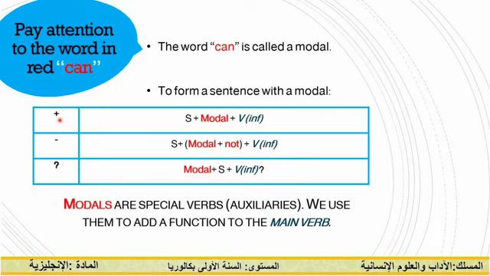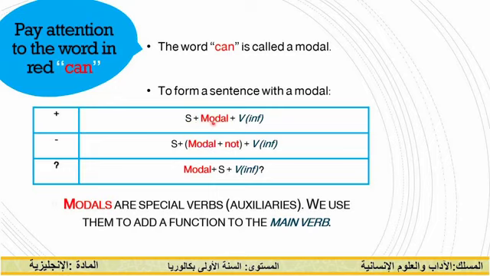So for the first one, we start with the subject. And the subject is the one who does the verb. Okay, for example, I teach. So I is the subject. I do the teaching. And then we have the modal.